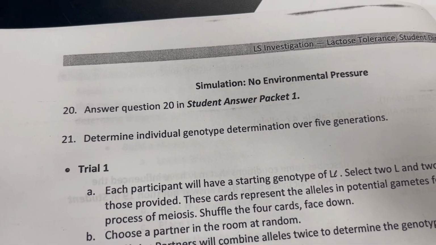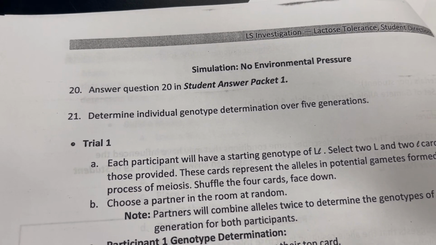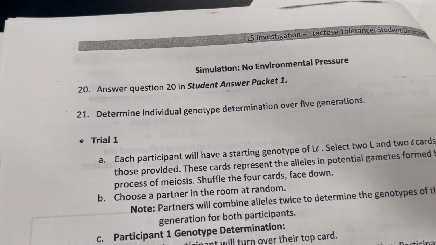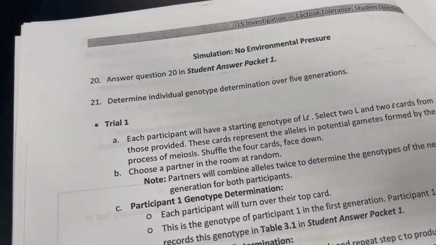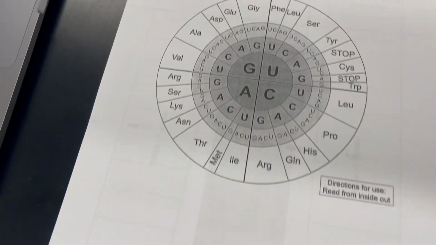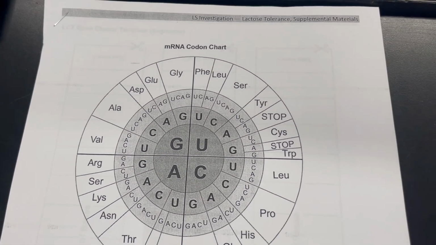Turn to page 8 of your student direction packet, no environmental pressure. We're going to go over the procedures with you. You need with you the lactose intolerant supplemental materials.